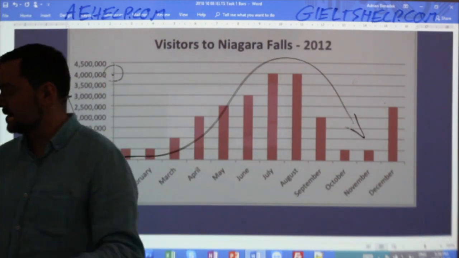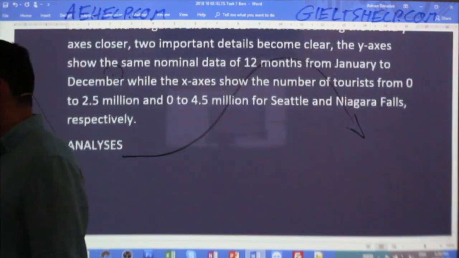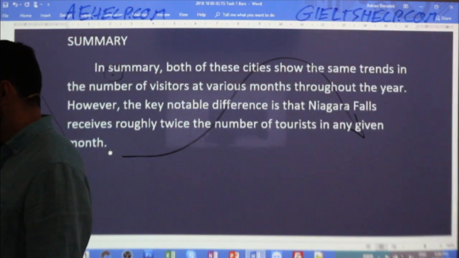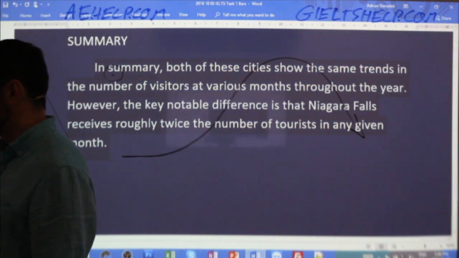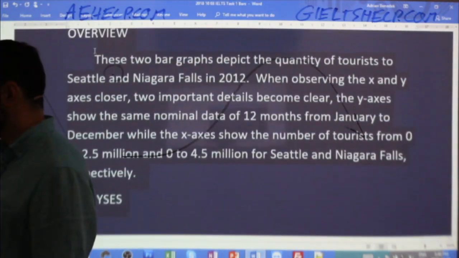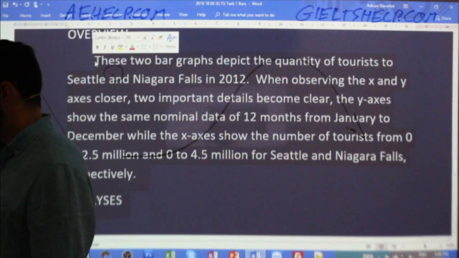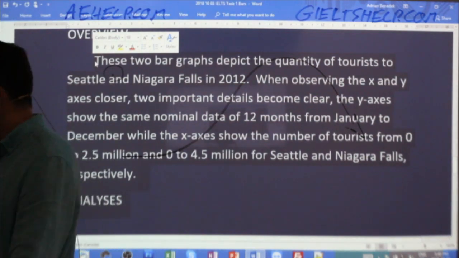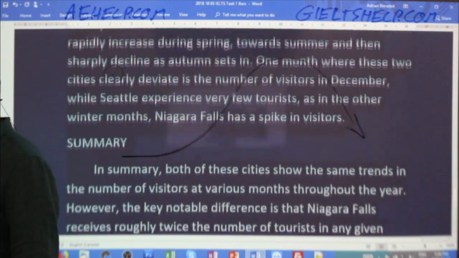on the y-axis. So let's see how many words we have there, girls and guys. So some of you are saying, hey, I think that might be a little bit too long. Again, remember, I'm showing you an example here that's going to get you a band 8, 9 for sure. So here we have 213 words.